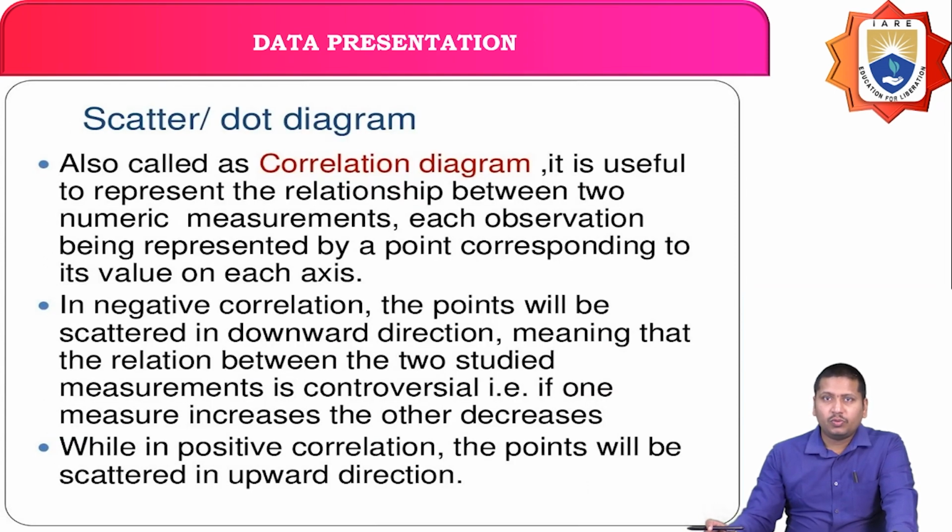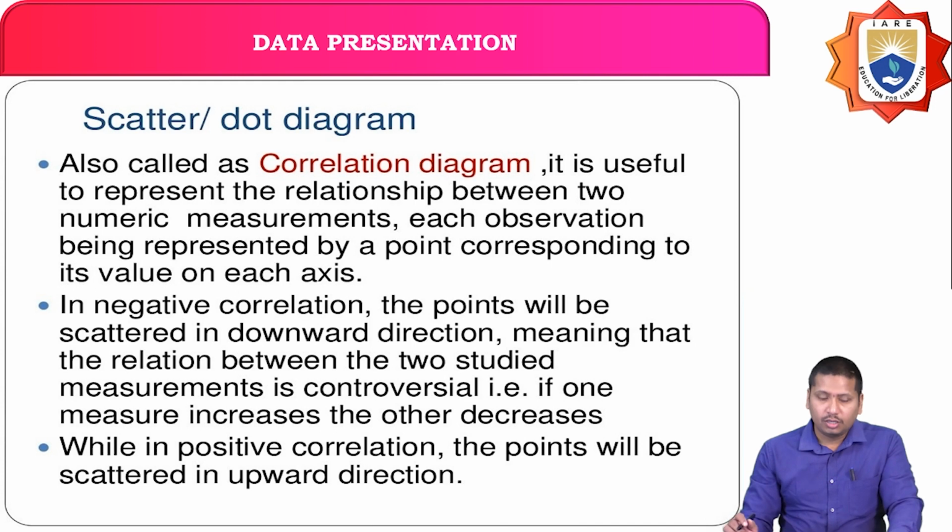And the next one I'm going to have is the scatter or dot diagram. This is also called a correlation diagram, which is useful to represent the relationship between two numeric measurements, and each observation is represented by a point corresponding to its value on each axis.